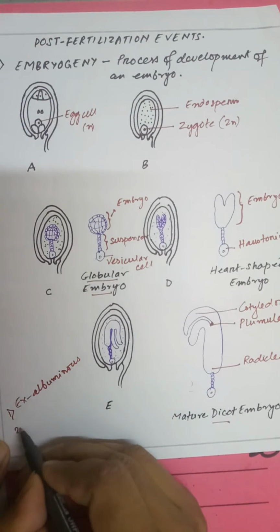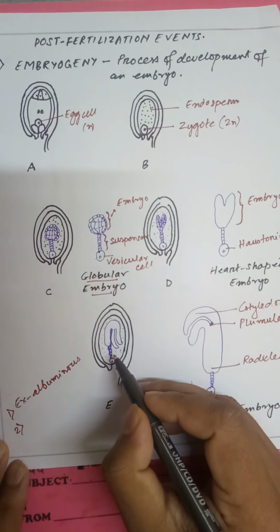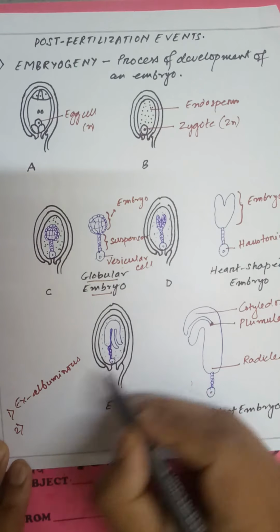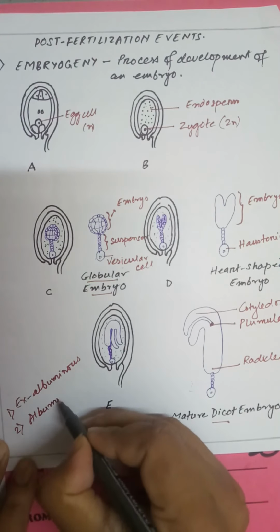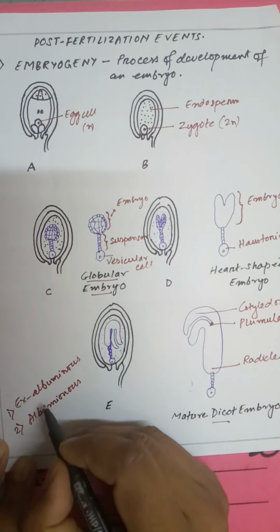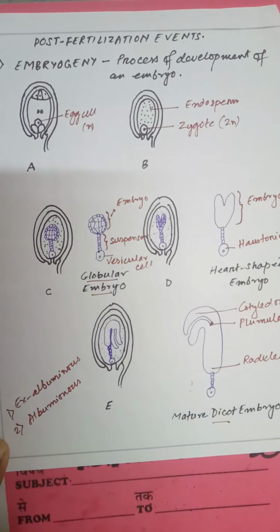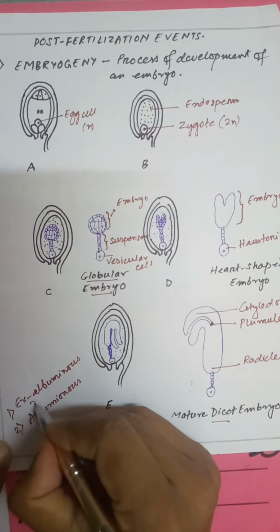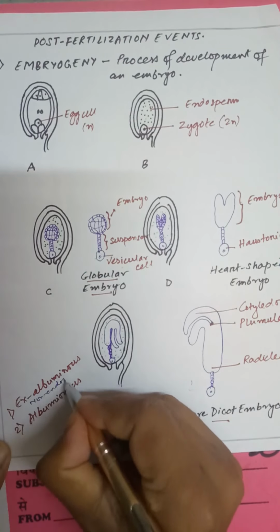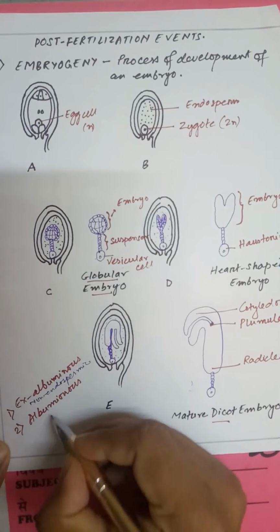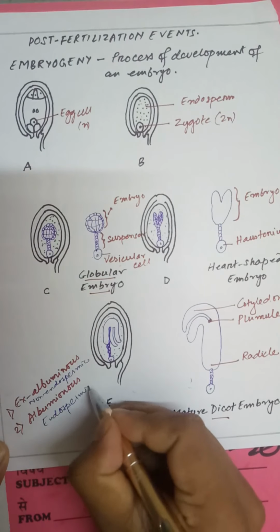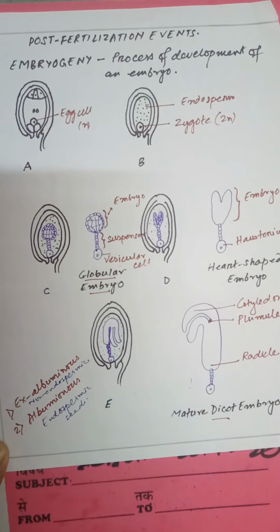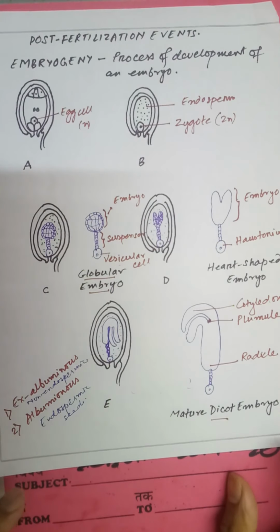And the second one, where even after the complete development of the embryo, endosperm is present, such seeds are called albuminous seeds. Ex-albuminous seeds are also called non-endospermic seeds, and albuminous seeds are also called endospermic seeds.